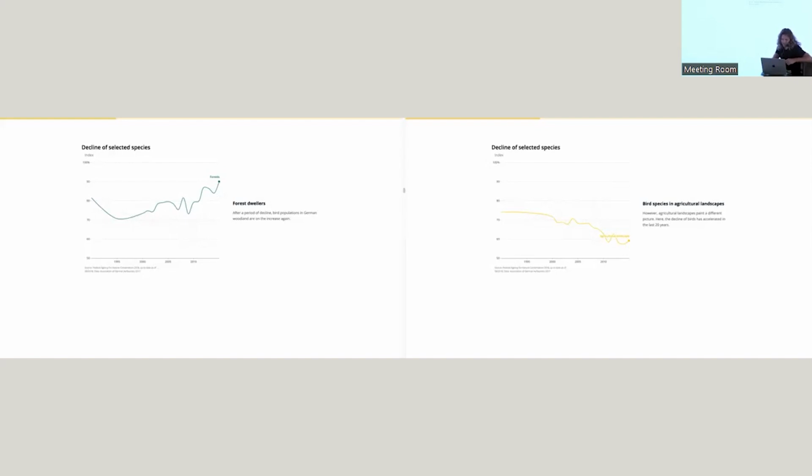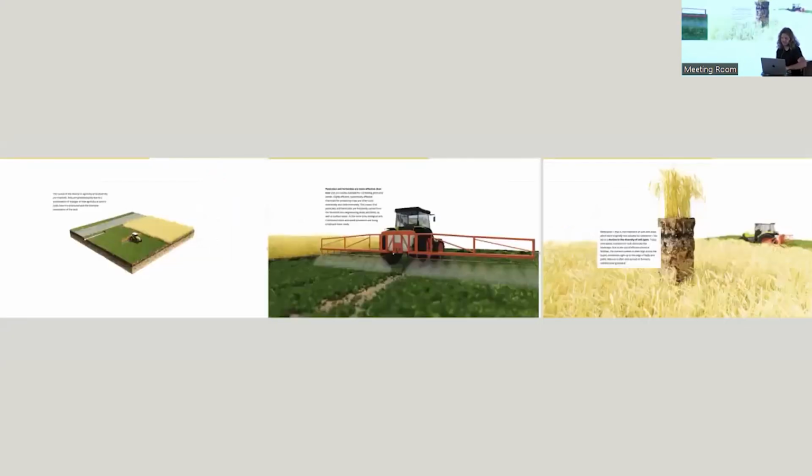But in comparison, with agriculture, land kind of continues to fall dramatically. In the third section, we wanted to show the causes of the decline of biodiversity. Different causes can be approached like a camera trip.